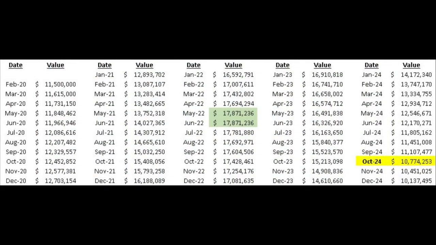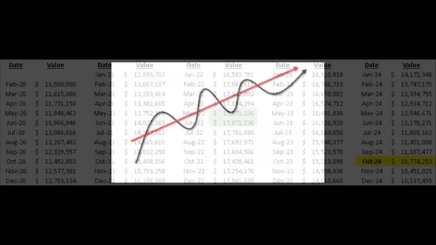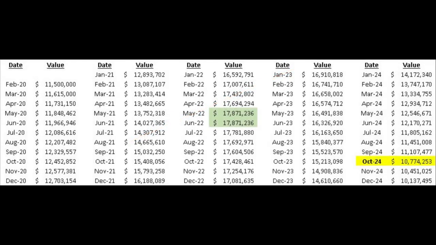However, then things turn and slide back down, as many anticipate. This is a fictional projection, but there are market forces at work here that can't be ignored. So presuming this is accurate, October 2024, the value forecast shown here projects they'll be at about $725,000 or so lower than what they paid originally for the property. And the trend is not their friend.